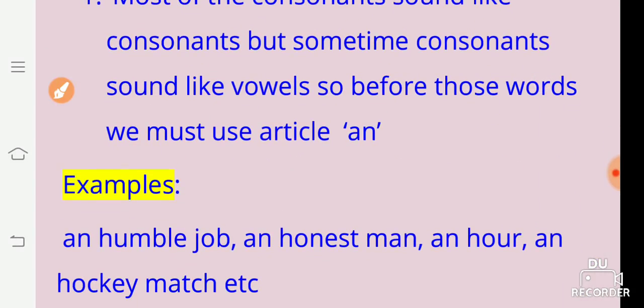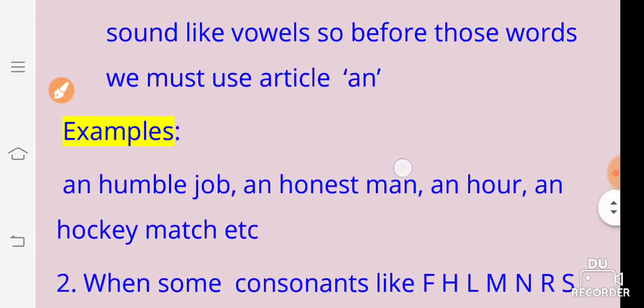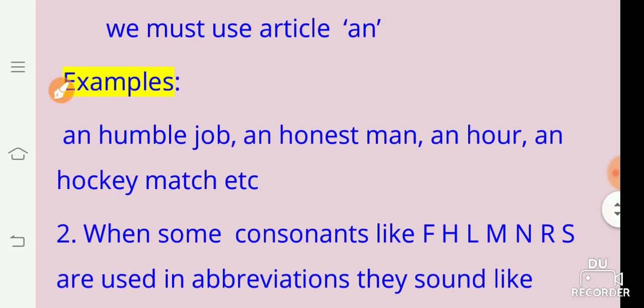Likewise, an honest man. Even though H is a consonant, it is pronounced as a vowel. Likewise, an hockey match, etc. So here the thing is, there are some consonants which sound like vowels. Before such words, we have to use article an. That is the thing here.